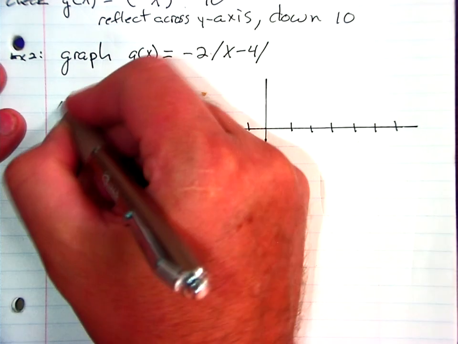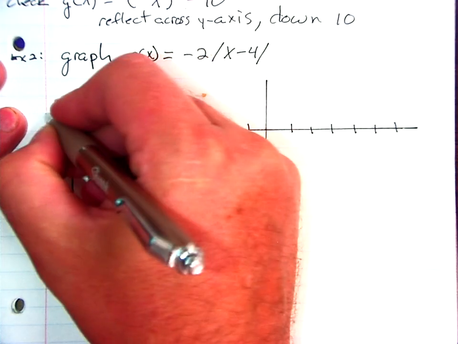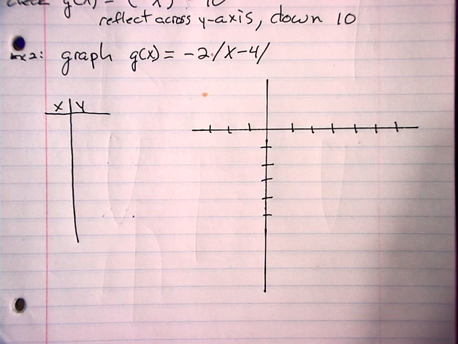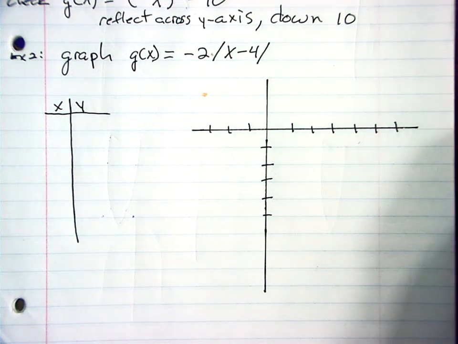I personally would make a function table to graph this. I think it's easier. But before I choose my points for my function table, I want to find out where my graph begins. Is the graph going up and down at all? The vertex of the graph, is it going up or down? No, it's going to be on my x-axis.